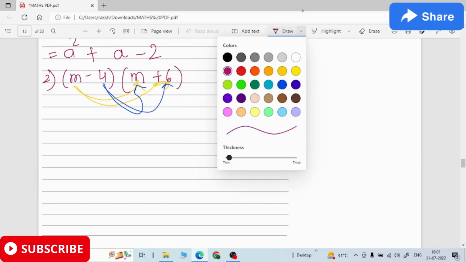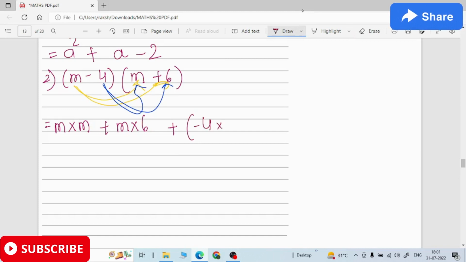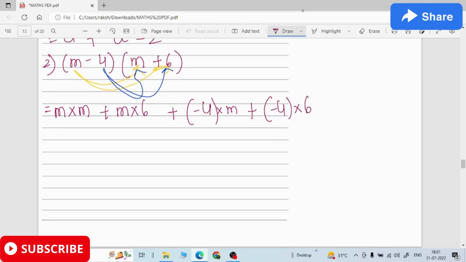So m into m, plus m into 6, plus minus 4 into m, plus minus 4 into 6.